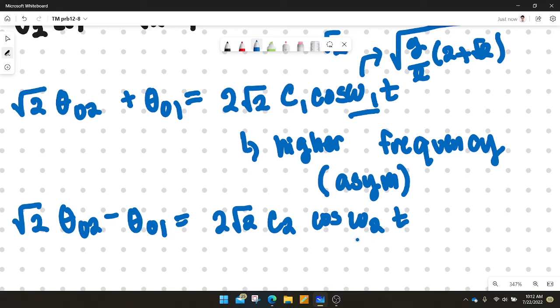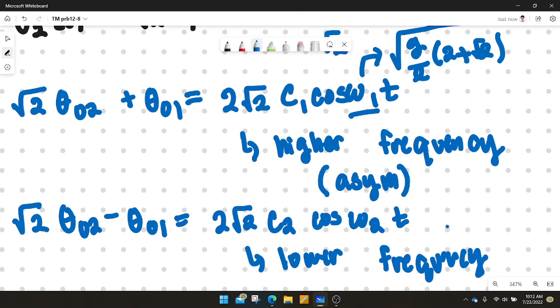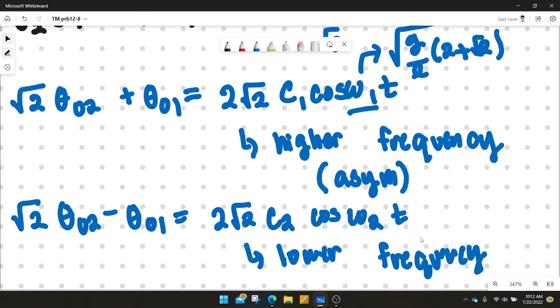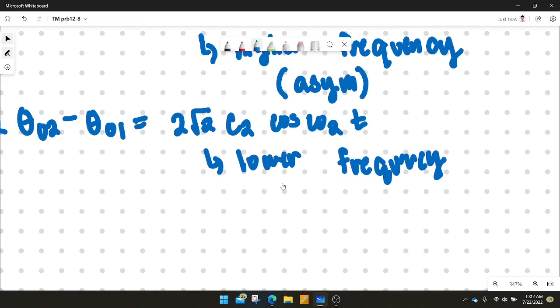As you can see here, omega 2 would be this term, except it's minus instead of plus. This would be our lower frequency, lagging. And presumably this would be our symmetric mode.